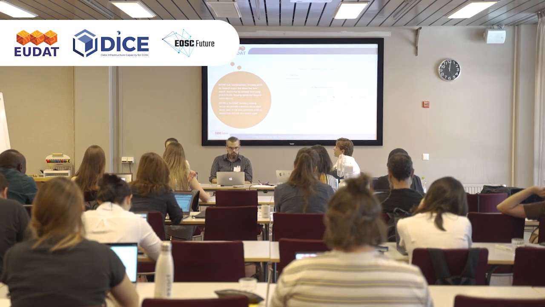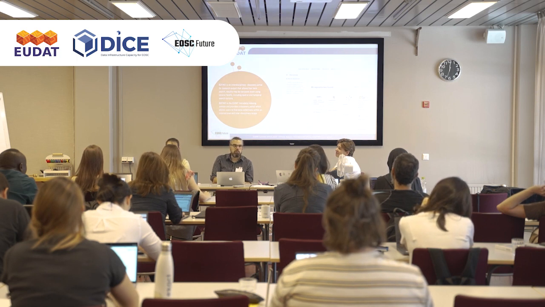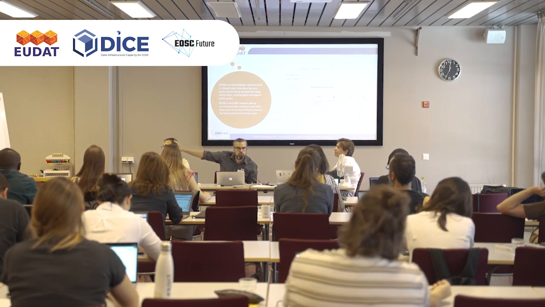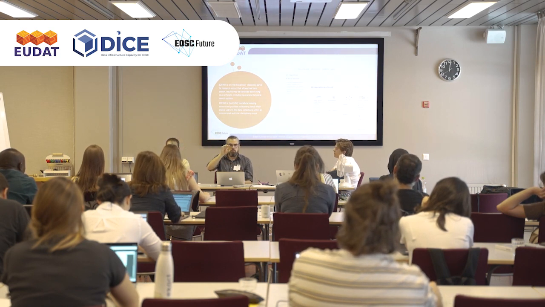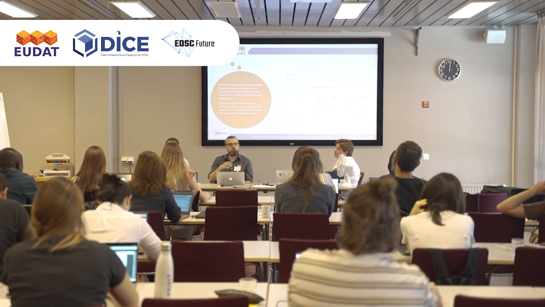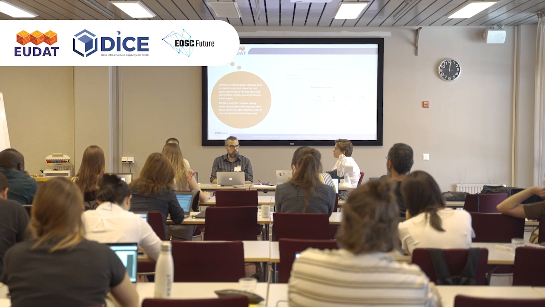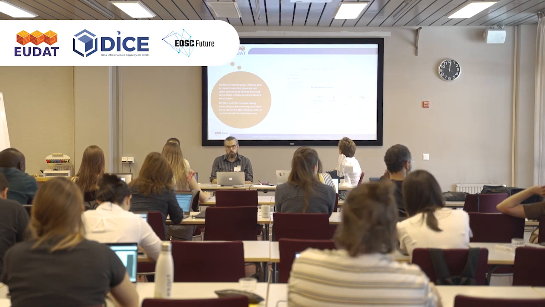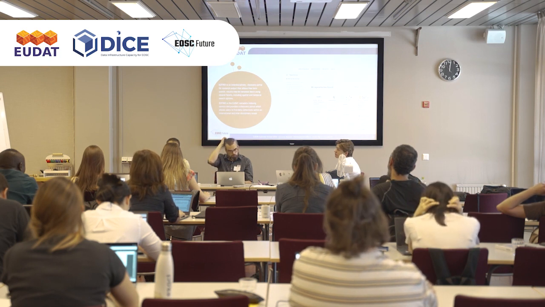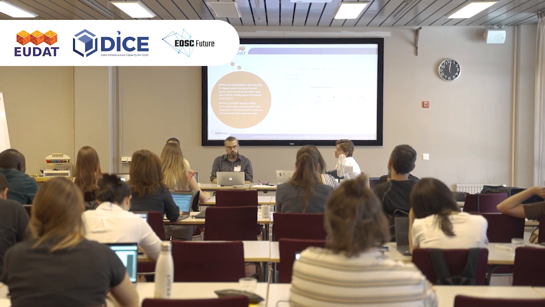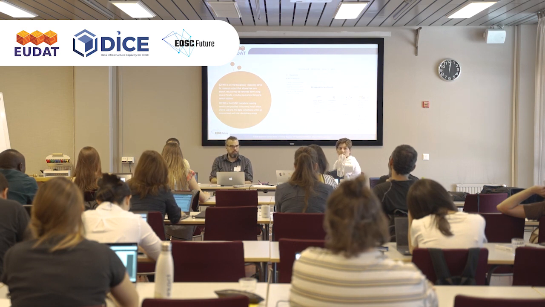Next service is B2Find. Thank you. B2Find is somehow trying to deal with those kinds of issues, that kind of problematic. So B2Find tries to collect objects and information from different sources, presents this and links it together. B2Find is now able to, if you check a community, if you check instrument IDs, show you related data sets.